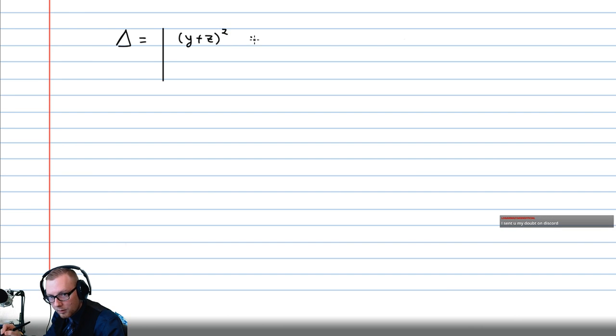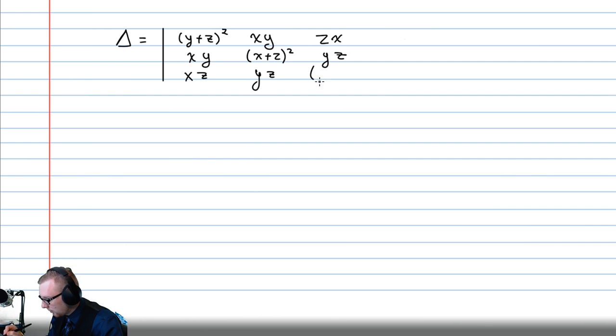So this problem: delta equals, I should probably draw this as best I could. Rows: y plus z squared, xy, zx; xy, x plus z squared, yz; xz, yz, and x plus y squared.